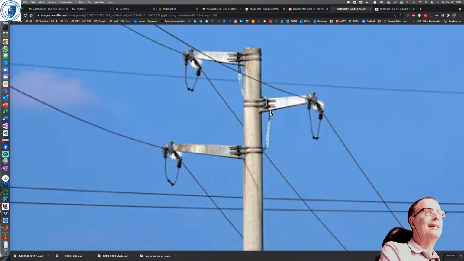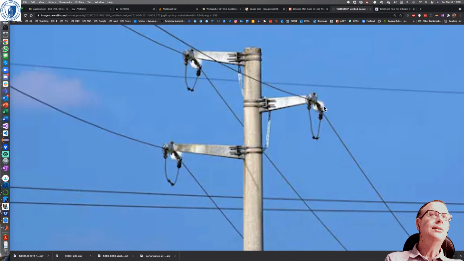Like if it were raining, there would be a link or a low resistance path if that were connected. So these insulators insulate the wire from the pole, and you can see these connectors here from one side of the insulator to the other. They're just making sure that there is a connection from one side to the other.